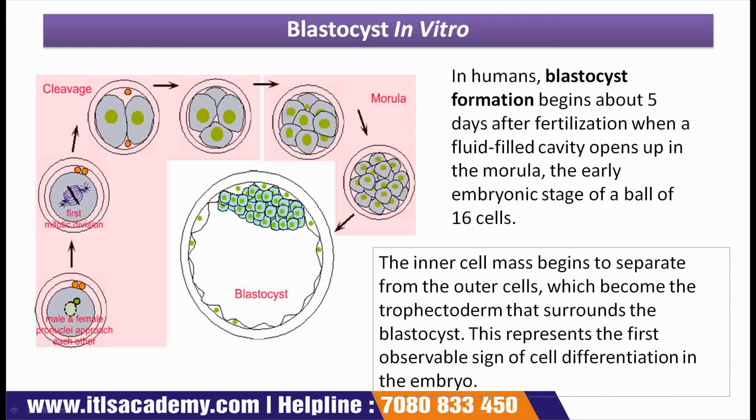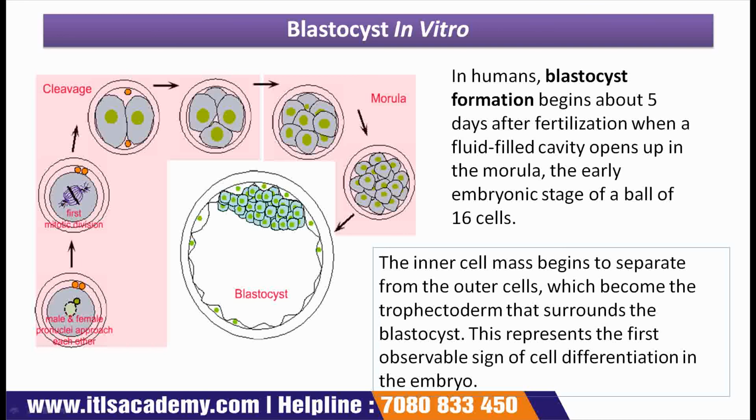In this diagram, you can see the male and female pronuclei approach each other, that is the fertilization process. Egg and sperm come together and fertilize. Next comes the first mitotic division, and these divisions continue till the formation of the blastocyst.